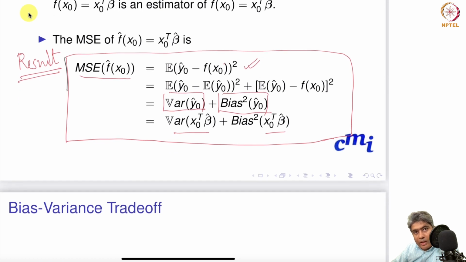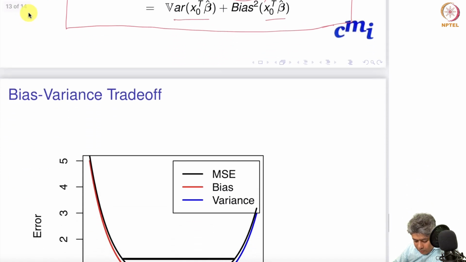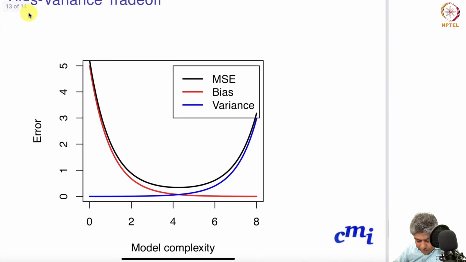Now, I want to look at how this typically behaves. If you consider a model whose complexity increases, the bias typically goes down and the variance typically goes up. And because mean square error is a function of variance plus bias square, it first goes down, comes to some kind of minimum, and then starts going up.